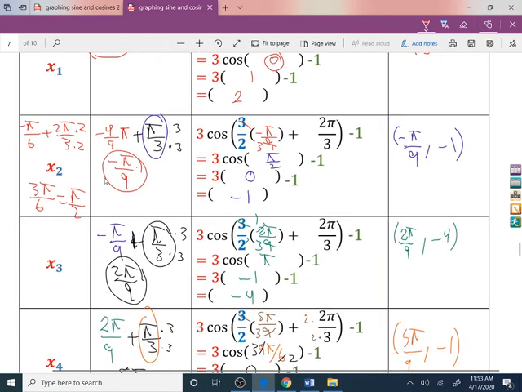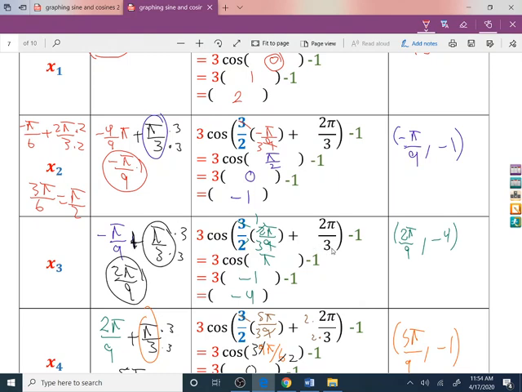Now, again, this point, negative pi over 9, you add pi over 3 again. Times 3 times 3, 9. Negative pi plus 3 is 2 pi over 9. 2 pi over 9. That's easy. 3 goes to 3, 1, and 3. And then I have pi over 6.